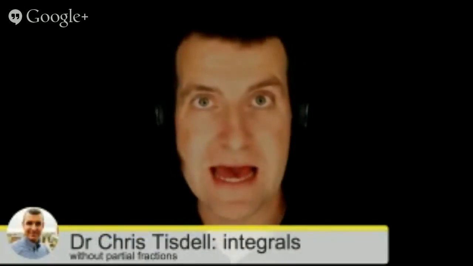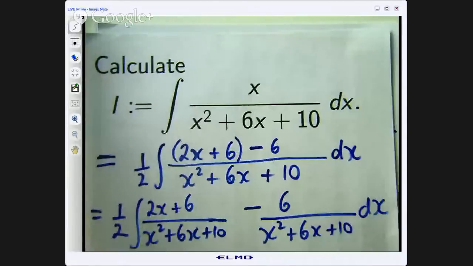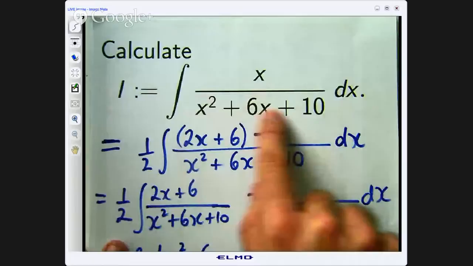All right, so let's recap that solution method. The idea is to show how to integrate these rational functions when the denominator doesn't factor over the reals. So this doesn't factor.